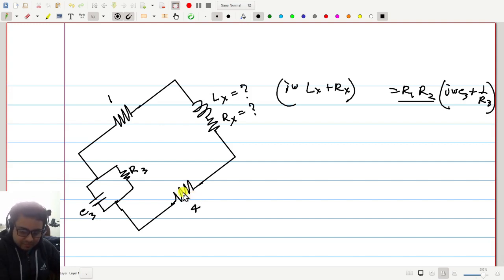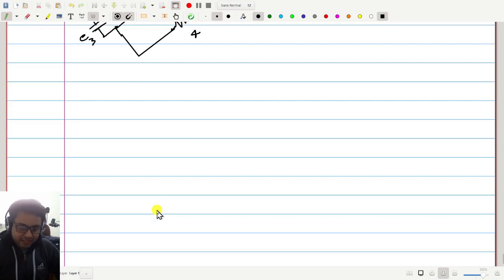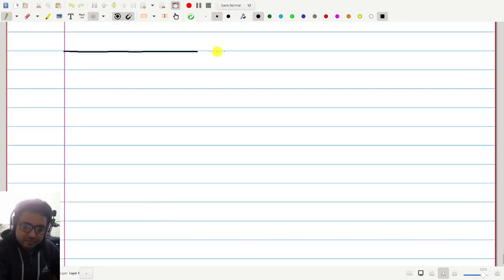Now it is not necessary always that if we make a product bridge, we always have to take the opposite two arms to be pure resistances. Okay, so let me tell that with an example.